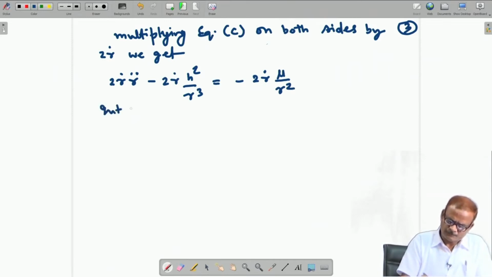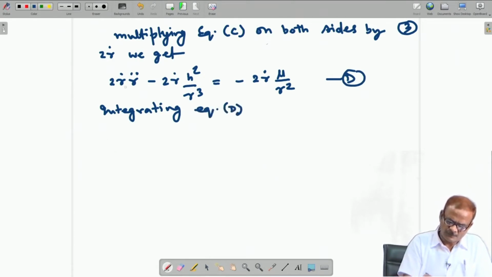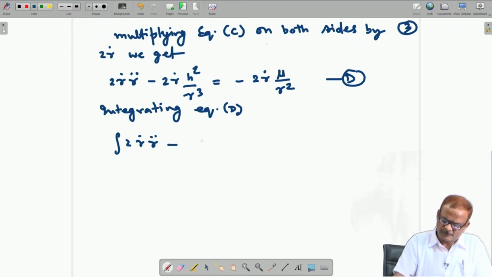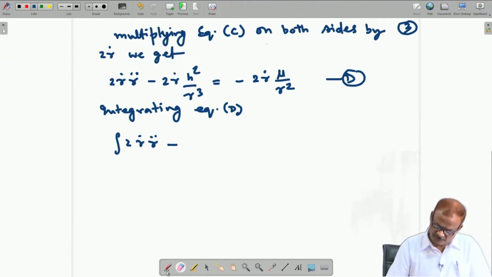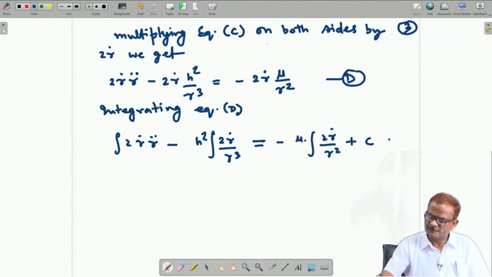Integrating equation D, we get the integral of 2 r dot r double dot, minus h square (taking it outside) times the integral of 2 r dot by r cube, equal to minus mu times the integral of 2 r dot by r square, plus c, which is a constant.